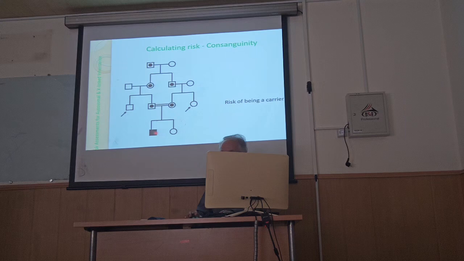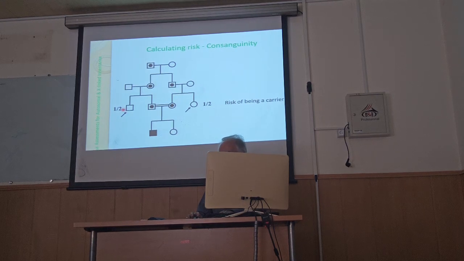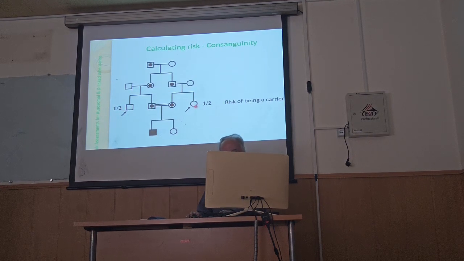The parents of an affected individual are obligatory carriers. With each step further, the chance of being a carrier is reduced by 50%, 50% for this one, 50% for this one. If these two individuals marry each other, the chance of having an affected child is 1/2 multiplied by 1/2 multiplied by 1/4, which is 1 by 16.